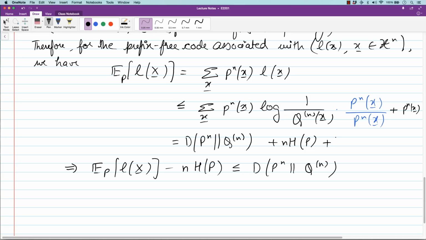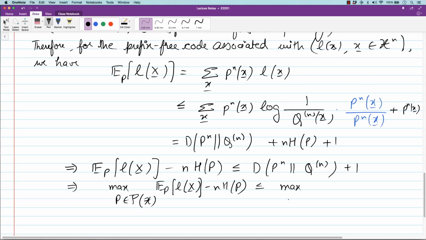And this is true for all P. And therefore, if you maximize over all P, that's the worst case you will get here.